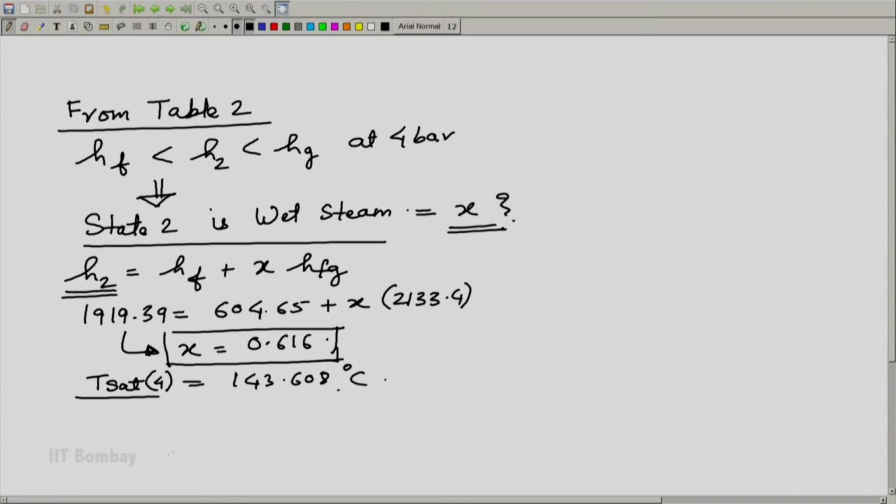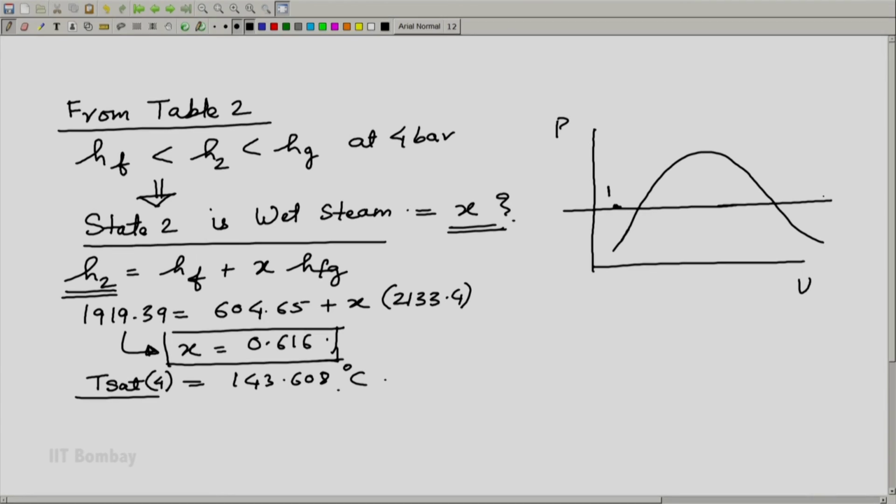If I want to plot this process on a PV diagram, my point 1 was somewhere at this point in the subcooled region. This is state 1, and this is the process that happens at constant pressure, and point 2 will be somewhere at this point because my x happens to be 0.6. At the midpoint, the dryness fraction would be 0.5, and this is 0.6.